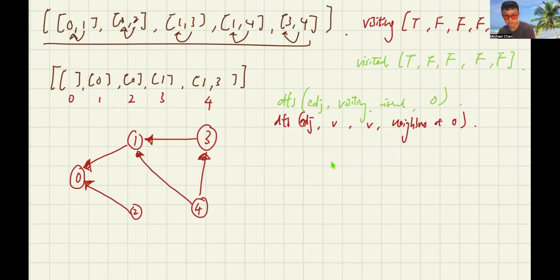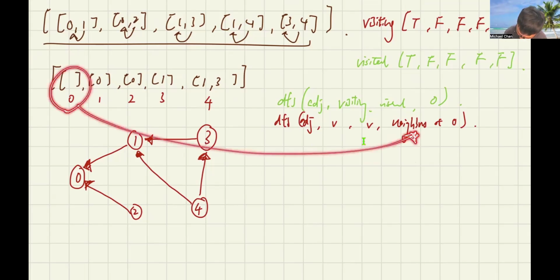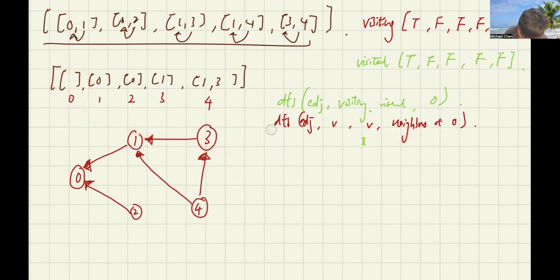Right. This will just straight up be skipped because there is no pre in adjacent zero, right? Because the first for loop will be skipped because there's nothing. So there is no call here. Skipped. And then visiting current will be set to false again. And then it will return true.